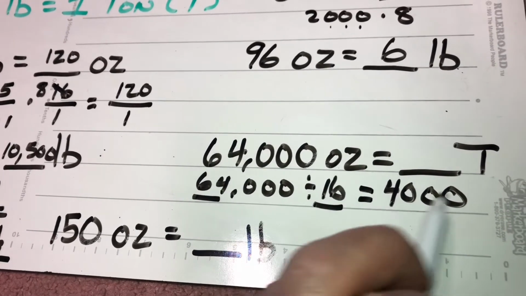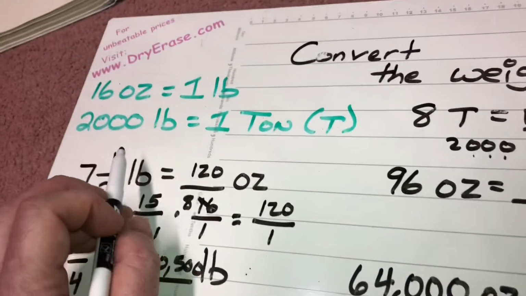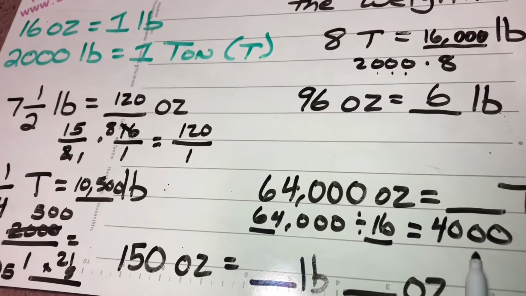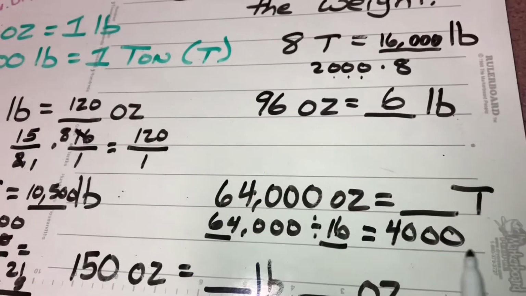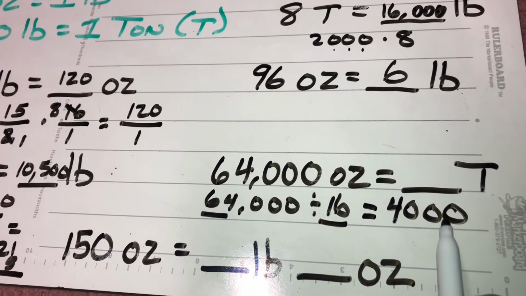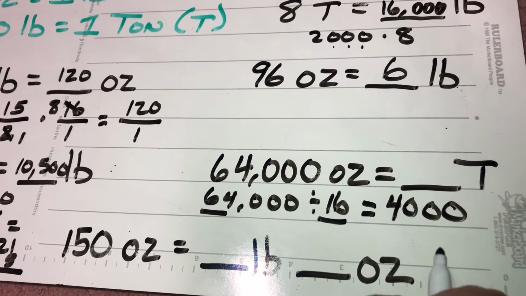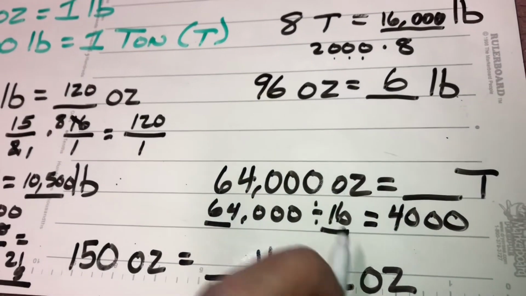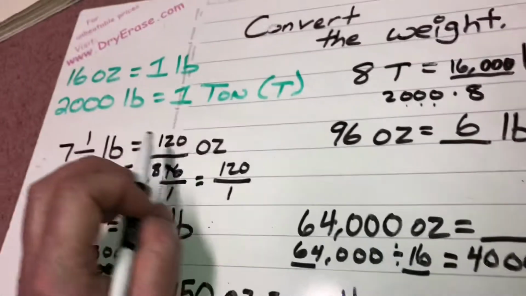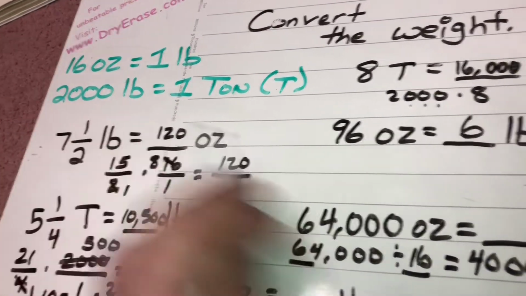But I need to turn the pounds into tons. 2,000 pounds makes 1 ton. So I have pounds, I want to turn it into tons. 1 pound is smaller than 1 ton. So once again, the measurement is getting bigger, which means the number is getting smaller, which means I'm dividing. I want to turn this 4,000 pounds into tons, so I have to divide that by 2,000.